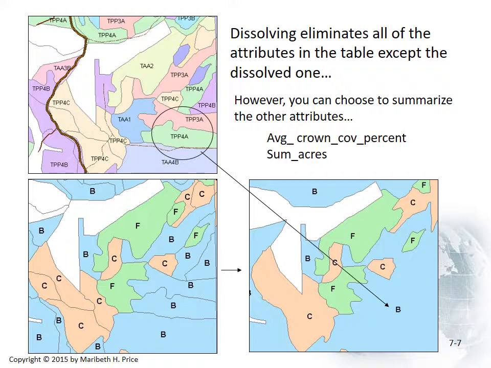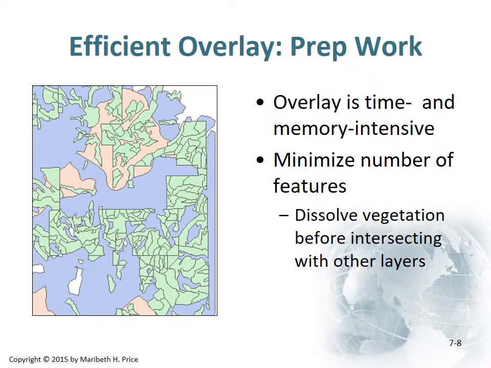And the tool will ask you that as you invoke the dissolve tool. It'll ask you if you want to do that, and you can select the information that you want summarized statistically based upon the columns of information that are in the table. So dissolve is something that can be pretty handy to use if you think about it in the use of geoprocessing lots of different types of information.